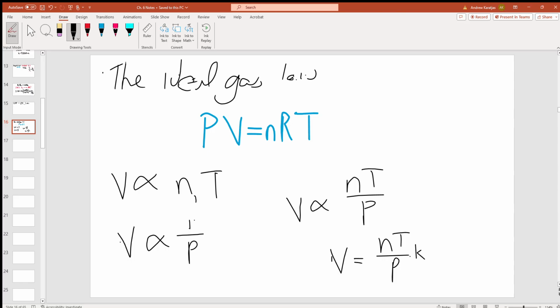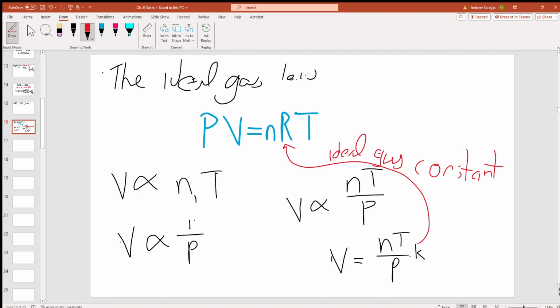What we do in the ideal gas law, because this is a very specific constant, this constant K becomes R, and this is known as the ideal gas constant. And this is the form of the ideal gas law that we use: PV equals nRT.